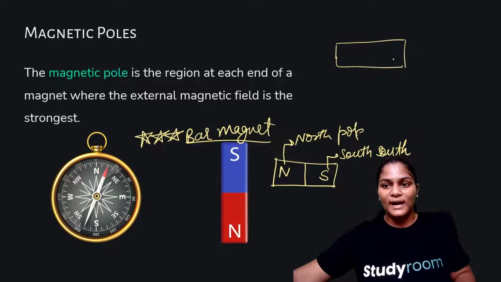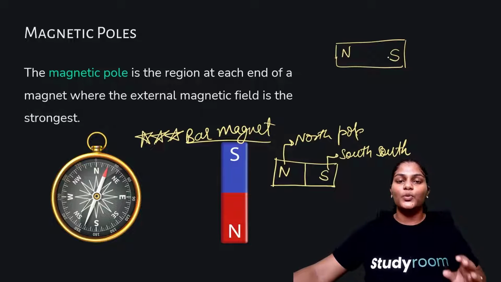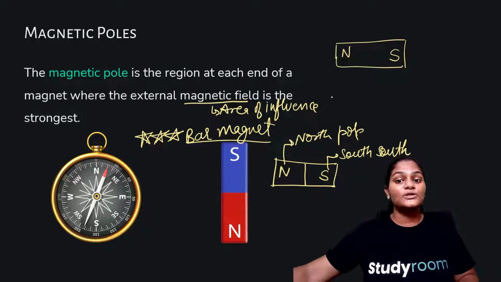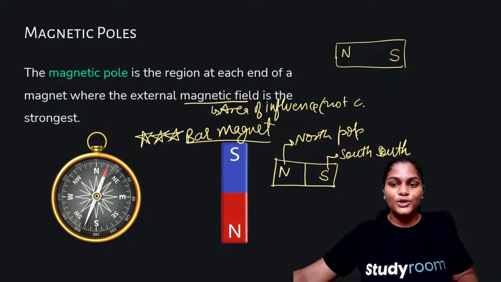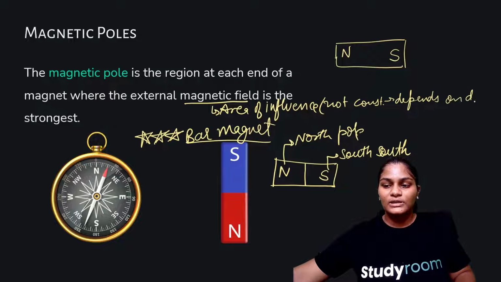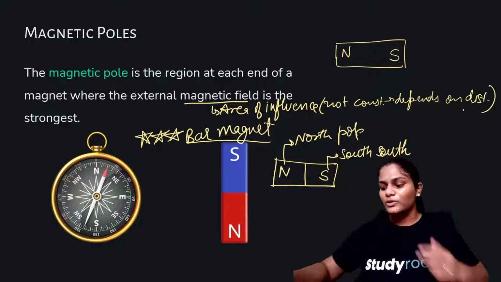But here, if this is a magnet and this is the north and south pole, right now all you need to know is that the magnetic field is the area of influence, and it is not constant. It depends on the distance from the magnet. Just think about it.